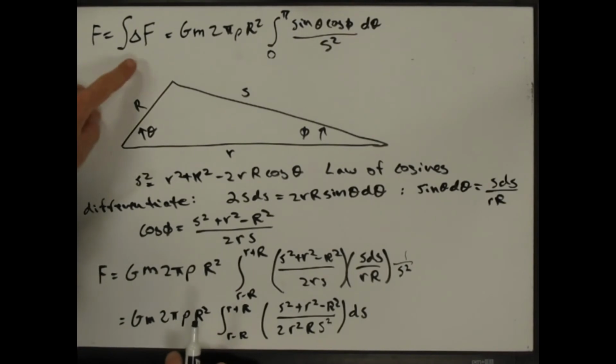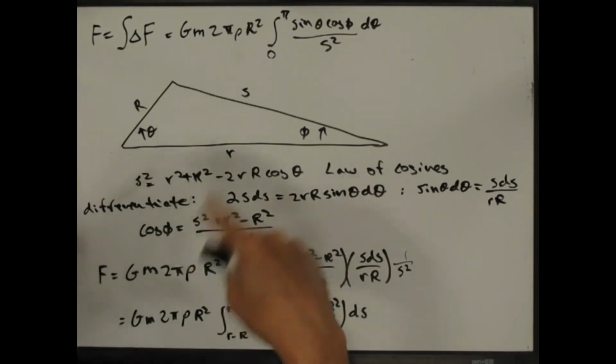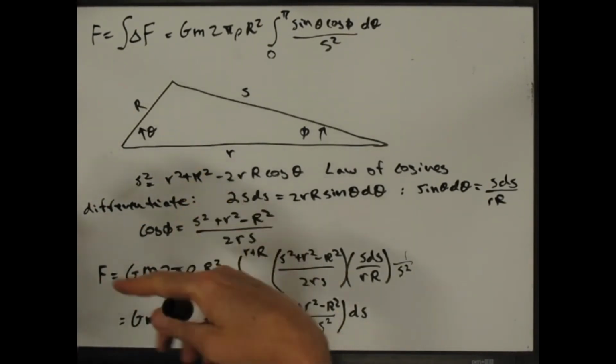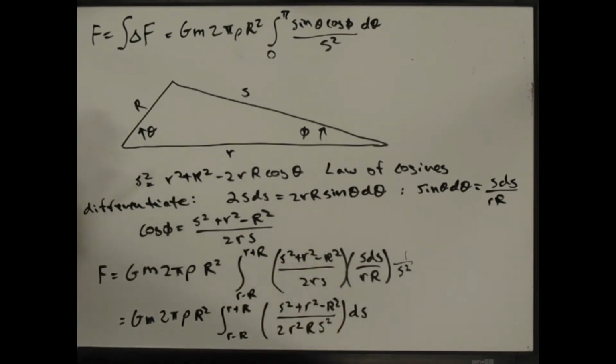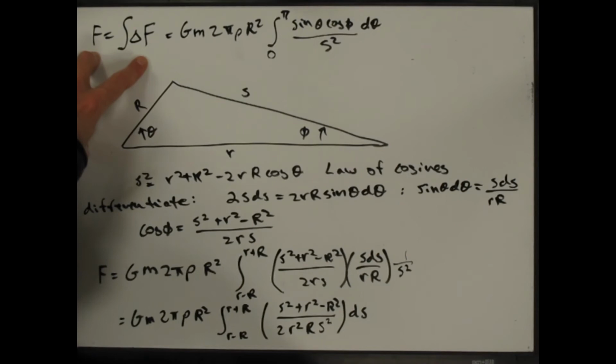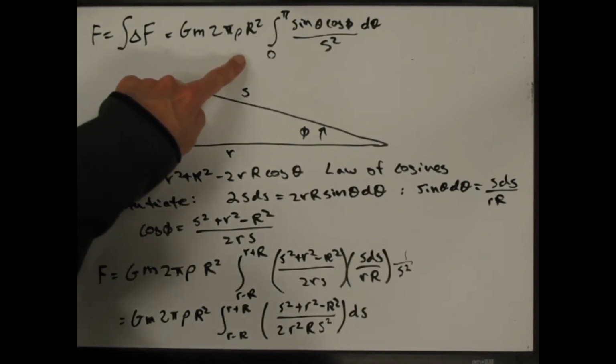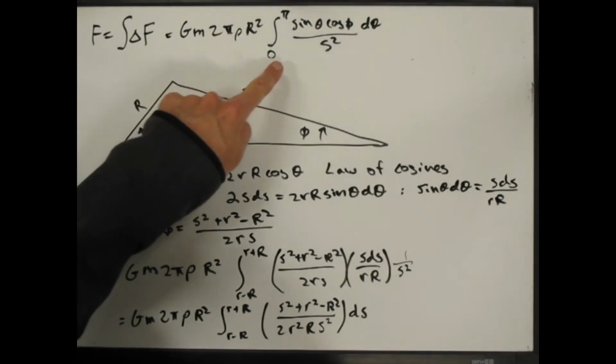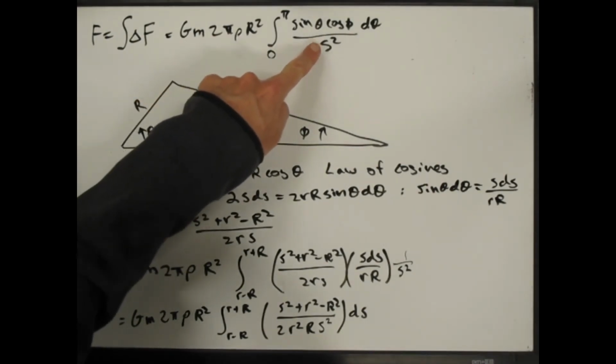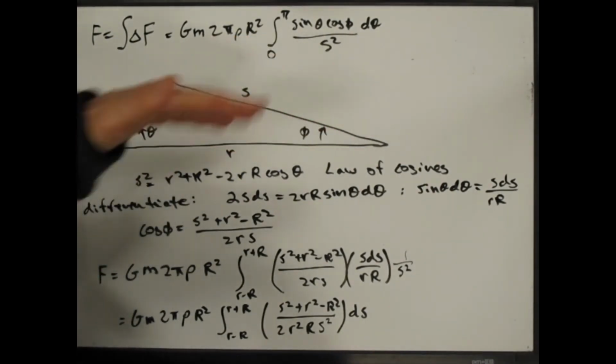If we want to integrate over all the little delta f's for all the annuluses going all the way across that sphere, the force we get is just by integrating all of those. And that amounts to this integral. We carry out the integral over delta f, and that ends up being an integral over theta from 0, which is the forward direction.